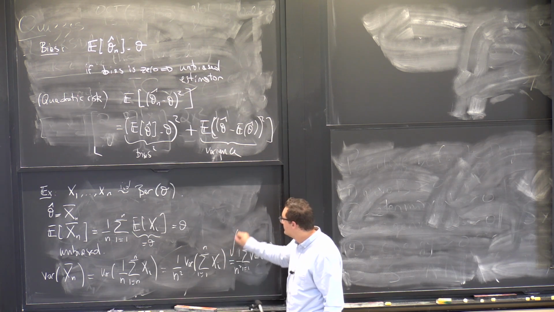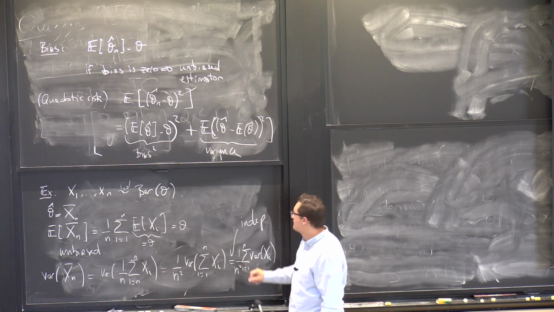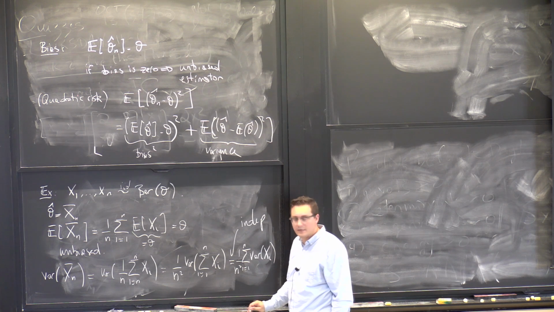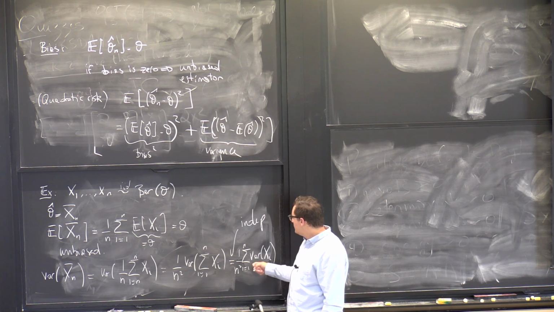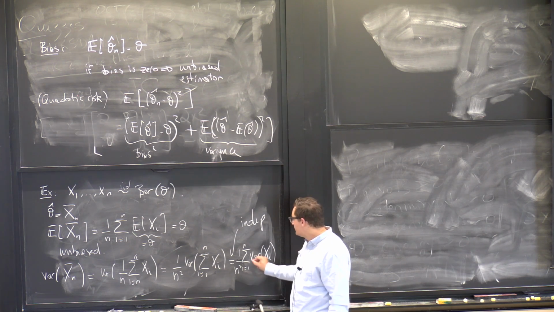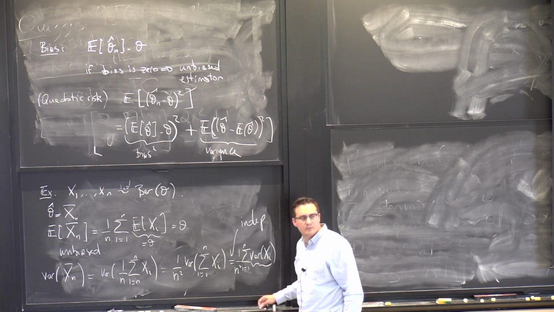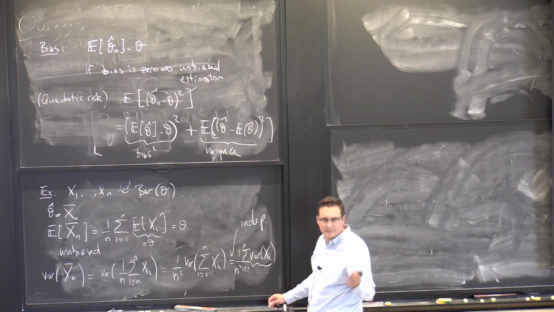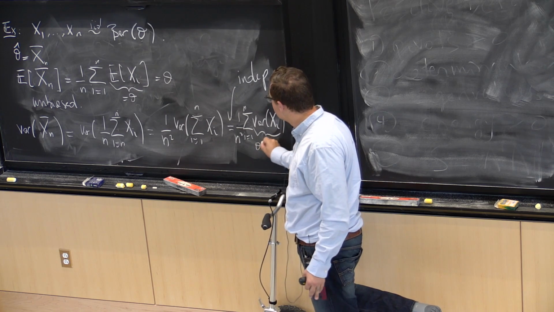And that's by independence. OK, so this is basic probability. And now, what is the variance of xi, where again, they're all the same distribution? So the variance of xi is the same as the variance of x1. And so each of those guys has variance what? What is the variance of a Bernoulli? We've said it once. It's theta times 1 minus theta.